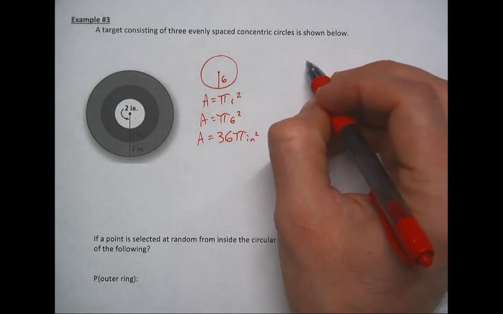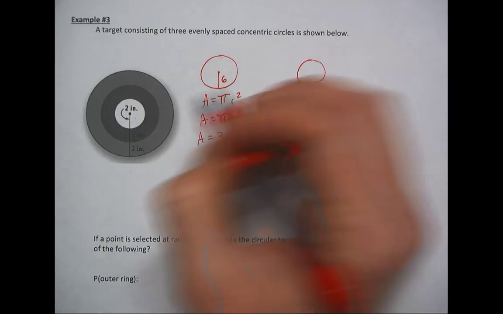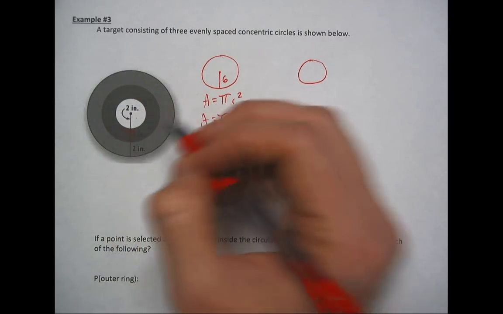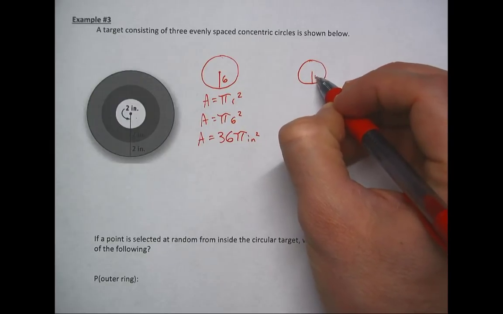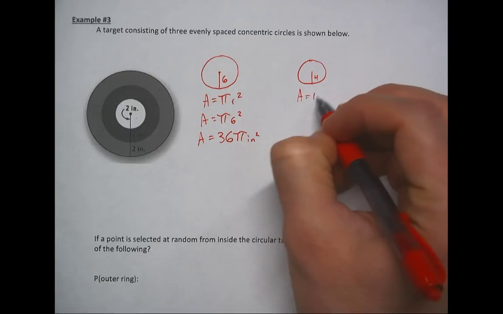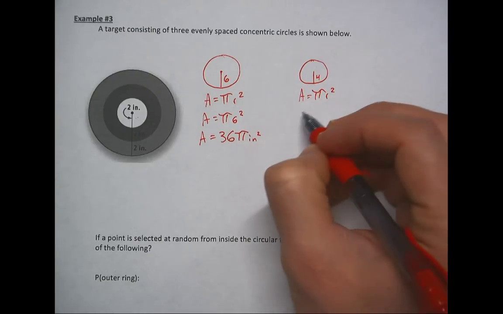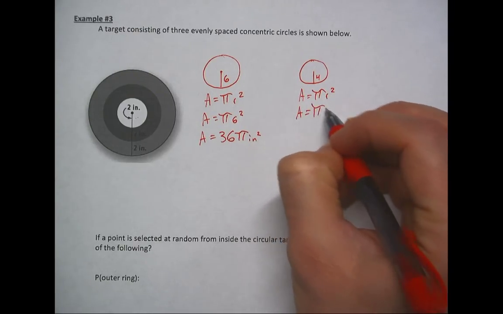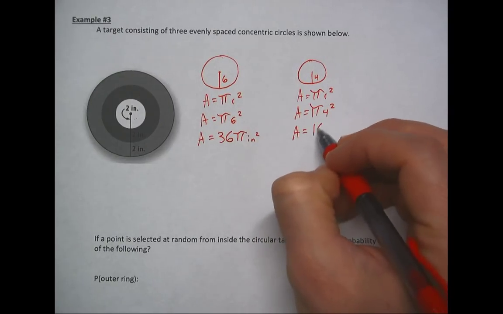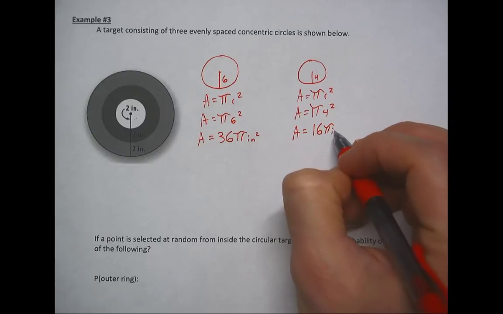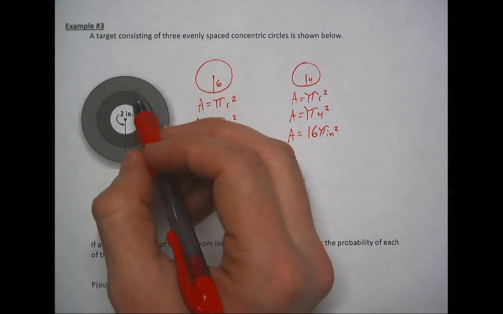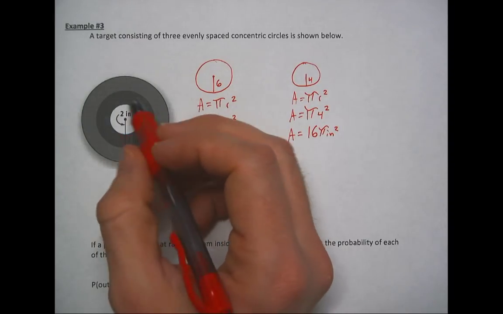Now, the ring that's a little smaller, so we're talking about this shaded ring and the little circle, all of that has a radius of 4: 2 and 2. Okay, so if we're going to find the area of that, we're going to plug in 4 for the radius. So 4 squared, 4 times 4 is 16. We're going to leave our answer as 16 pi inches squared. So we just said, what's the chance that it hits inside this medium circle?